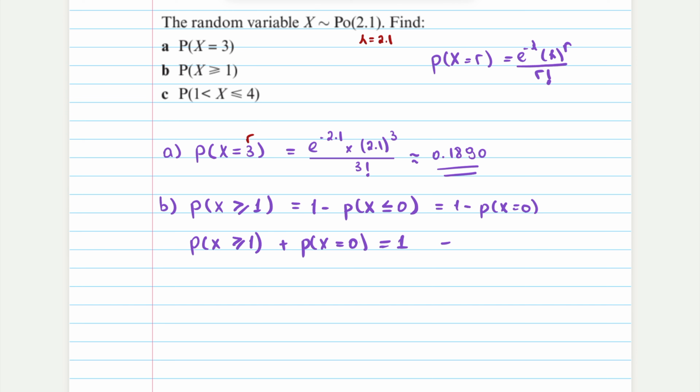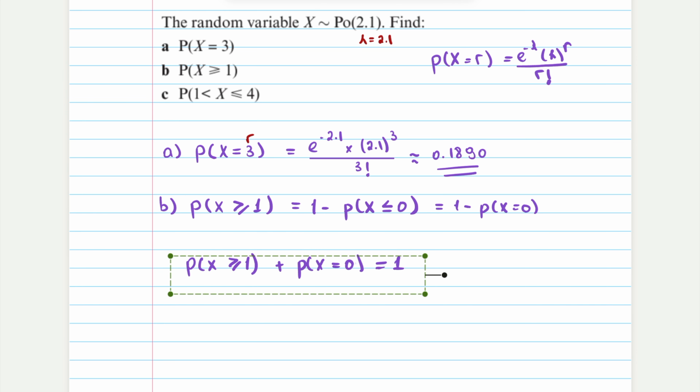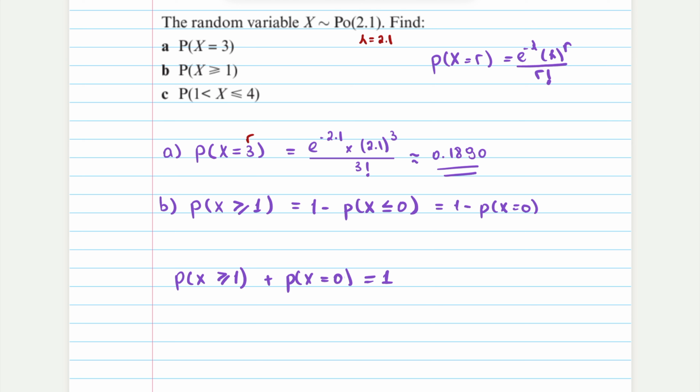Now if I use the formula again, that's going to be 1 minus e to the power of negative 2.1 and lambda to the power of 0 divided by 0 factorial, which is the same as 1 minus e to the power of negative 2.1, which you use the calculator for, and you are going to have 0.8775.